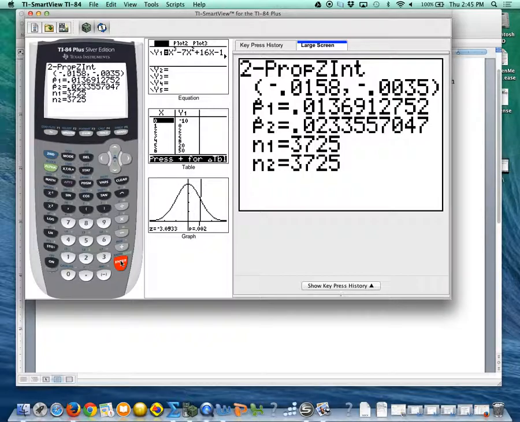A lot of you looked at this and said, well, it's really close to 0. I'm not asking how big the difference is, I'm asking, is there a difference? So yes, there is a difference. Does it look like it's very significant? This would be a difference of 1.5%. This is a difference of 0.3%. So yes, there is a difference. It doesn't look like it's very significant, though.